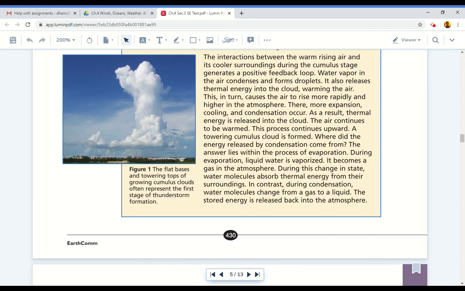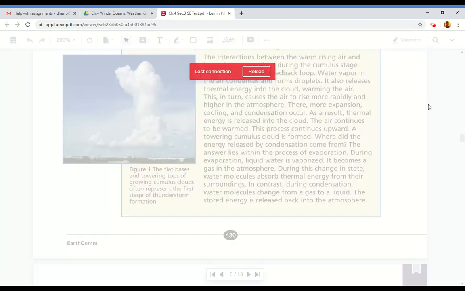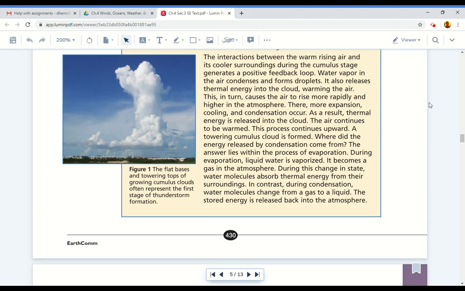The interactions between the warm air rising and its cooler surroundings during the cumulus stage generates a positive feedback loop. Water vapor in the air condenses and forms droplets. It also releases thermal energy into the cloud, warming the air.